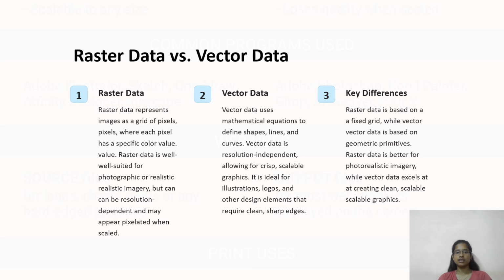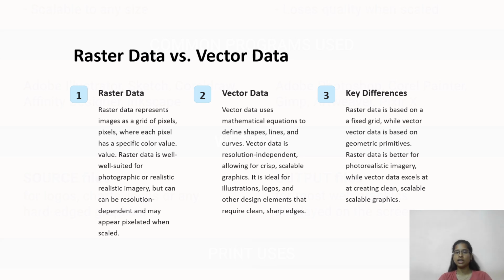Next, we'll see the key differences, how raster data is different from vector data. As we have seen, raster data represents images as a grid of pixels, where each pixel has a specific color value. It is resolution dependent, and it appears pixelated when scaled.